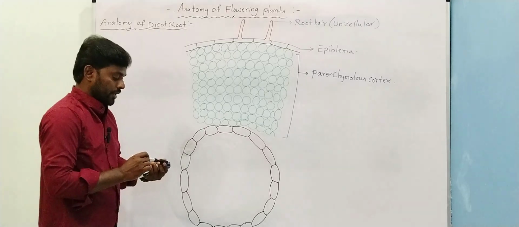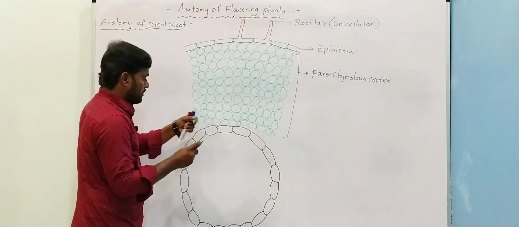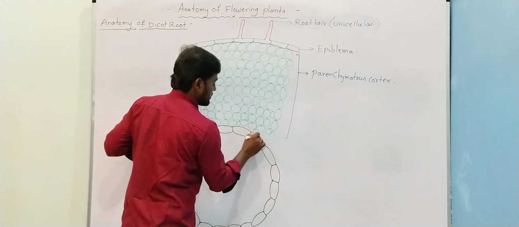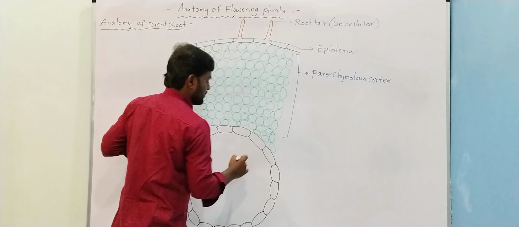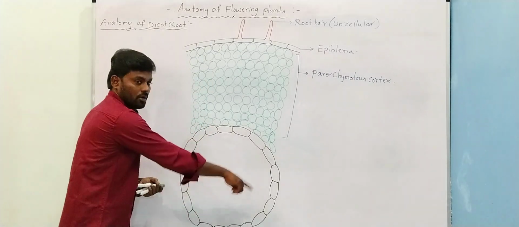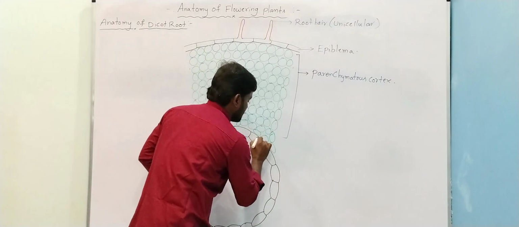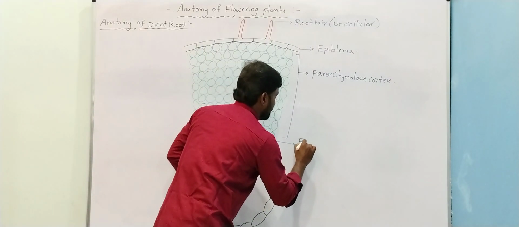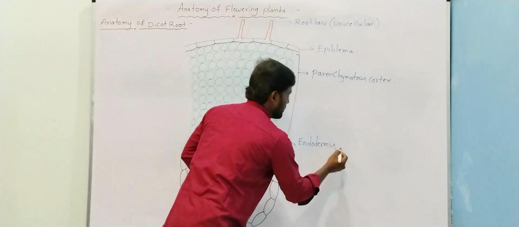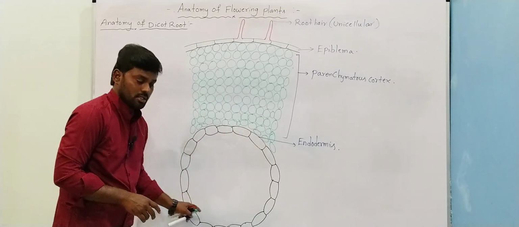The remaining place is filled with parenchymatous cortex. So this is the innermost layer of the cortex, and these cells are called endodermis.